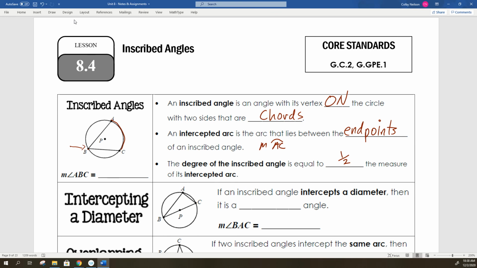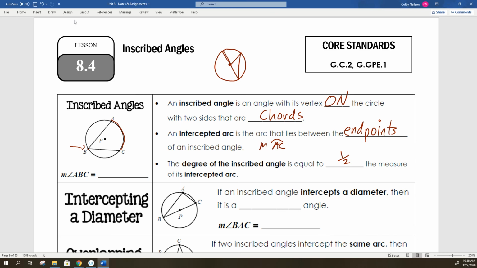Yesterday we talked about the central angle being the same as the arc. So here's the center. If I have a central angle, that's going to be the same as the arc. If those were rubber bands and I put my fingers on the center and pulled it to the side, I'm going to stretch that angle.